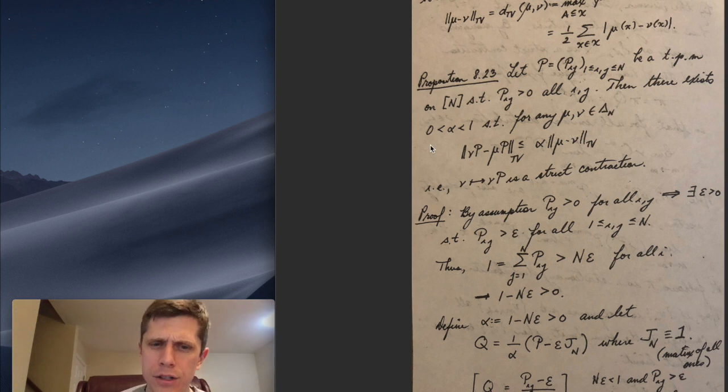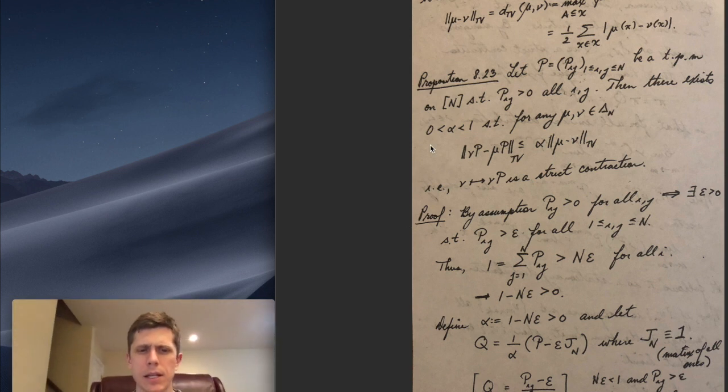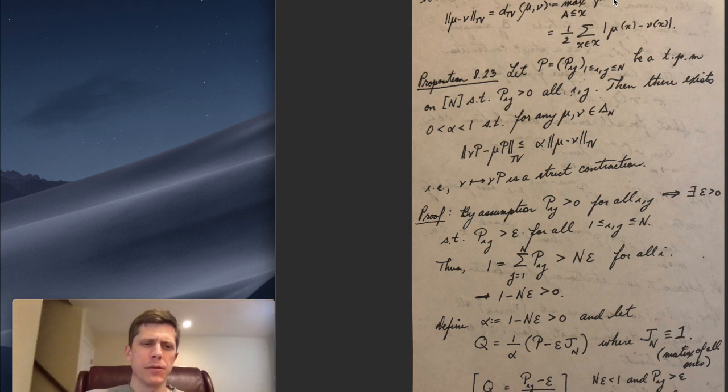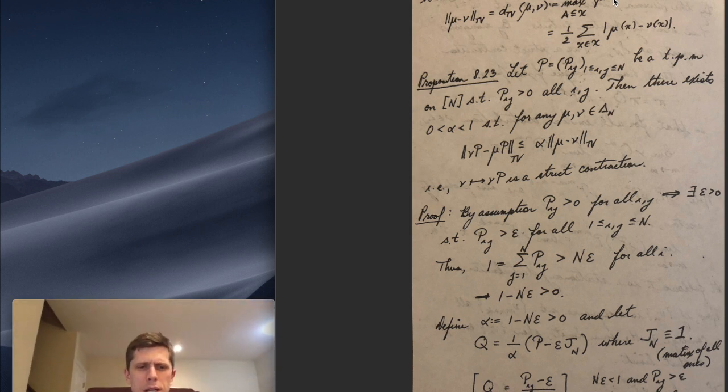The total variation distance between two distributions is the maximum over all subsets of the state space of the difference between the two measures.